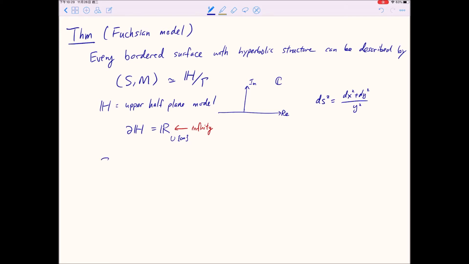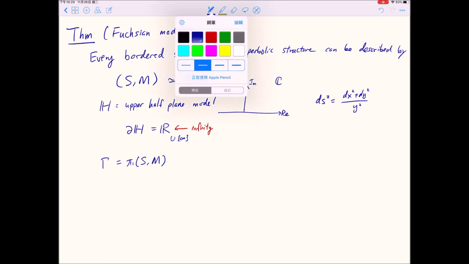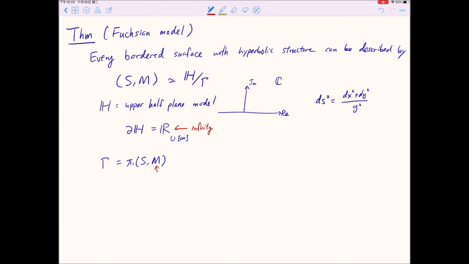So the gamma here will be the fundamental group of our bordered surface. And here we will treat M as punctures or points that are not in our surface. So what we really mean here is the fundamental group of S removing the marked points.